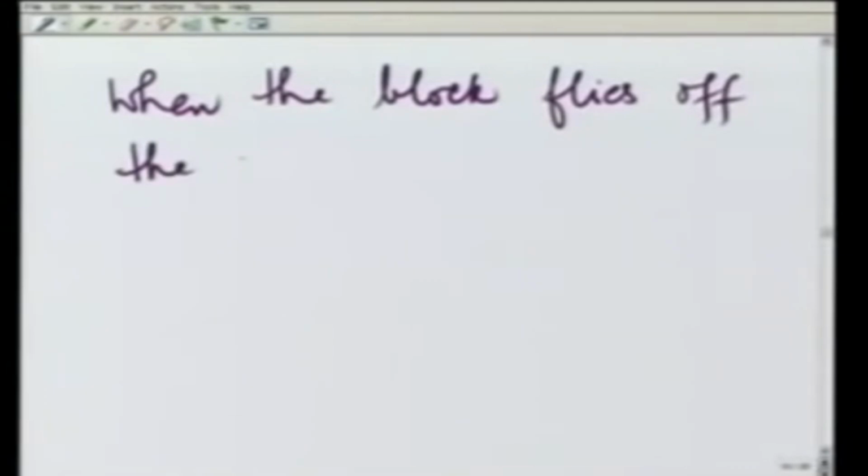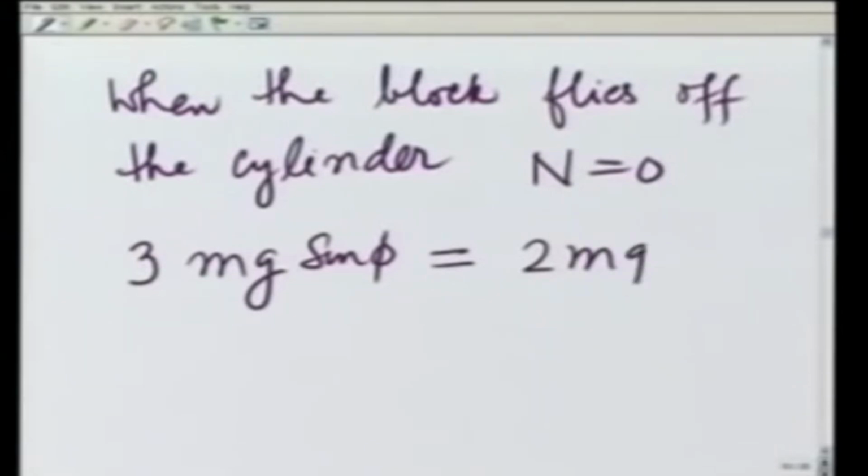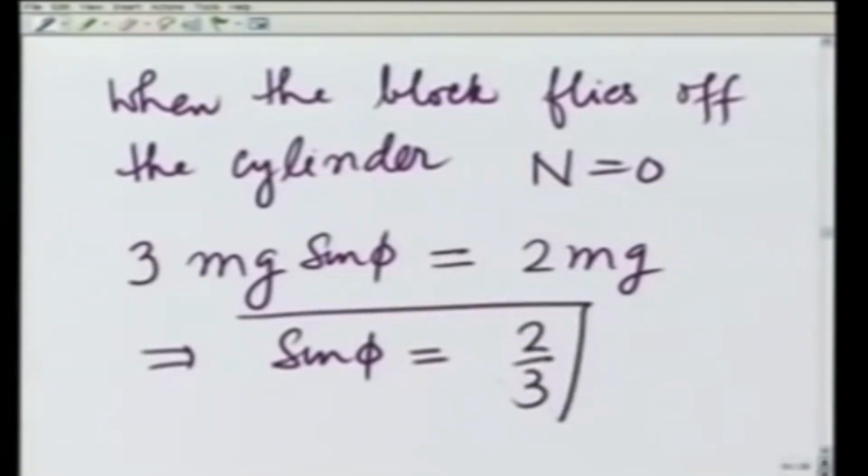When it flies off the cylinder, at that point there is no contact between the block and the particle, and therefore N would become 0, and therefore 3 mg sine phi at that point would become equal to 2 mg, which implies that at angle phi from the horizontal such that sine phi is 2/3, the block will go off the cylinder.